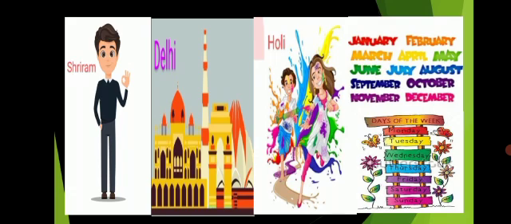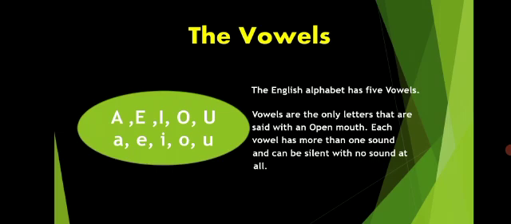Now moving on to our next slide, the vowels. Children, as we have already discussed, the 26 letters of the alphabet are further divided into two parts, the vowels and the consonants.